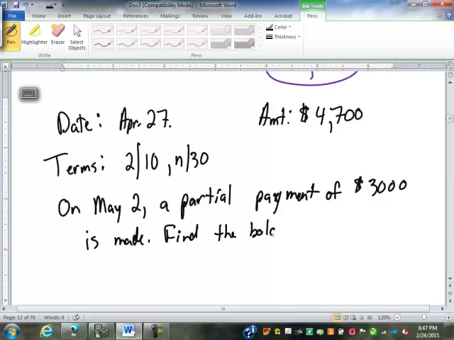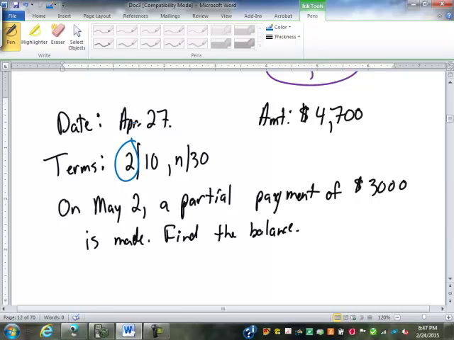Find the balance after that payment. Well, May 2nd is during the discount period. So on May 2nd, they are still getting this 2% discount.